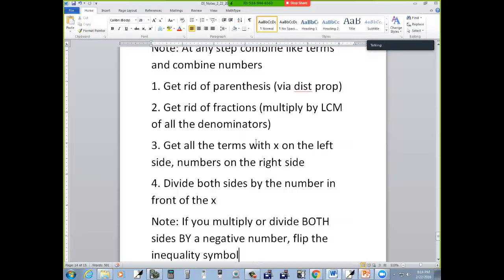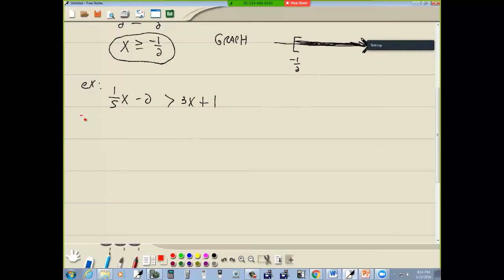Don't have any. Second step, get rid of fractions. Multiply by the LCM of all your denominators. Well, we only have one denominator, the 5. When you only have one denominator, that automatically is your LCM. So we're going to multiply the 1/5 x by 5, minus, we'll take 5 times 2, greater than 5 times 3x, and 5 times 1.